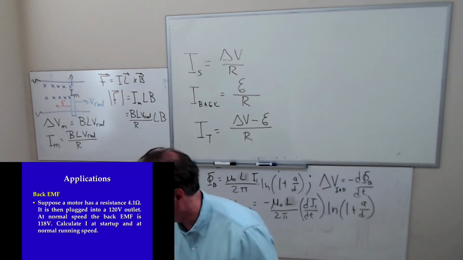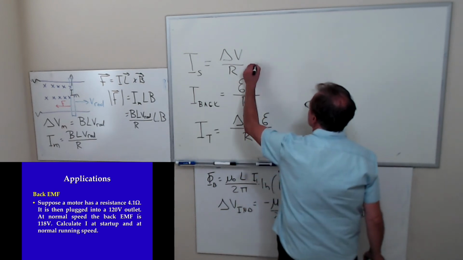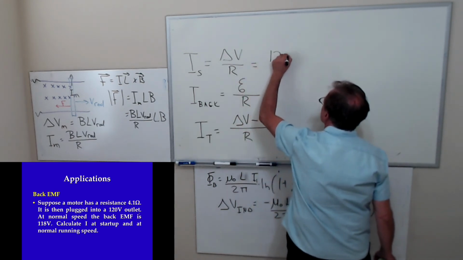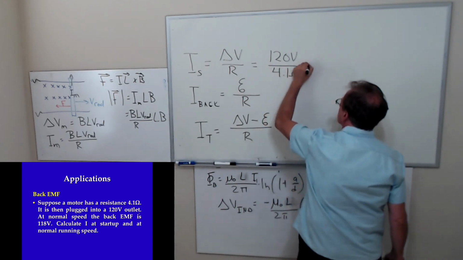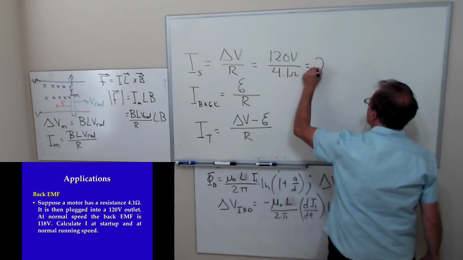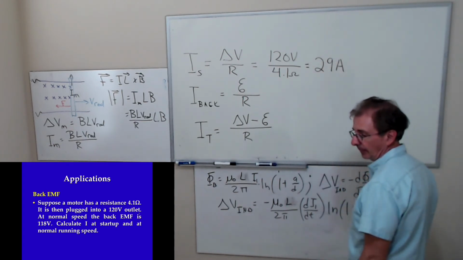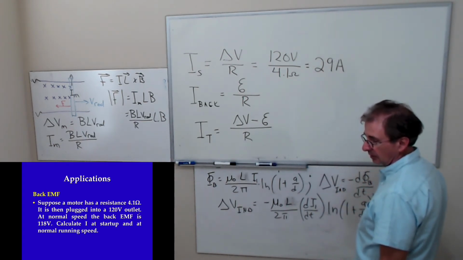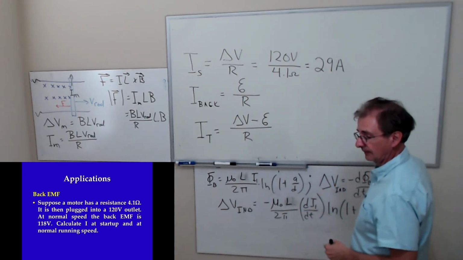Drills don't like that. So let's say we have a motor that runs at 120 volts, and it's 4.1 ohms. When it starts out, it's drawing 29 amps of current. But this goes down as the motor speed increases.